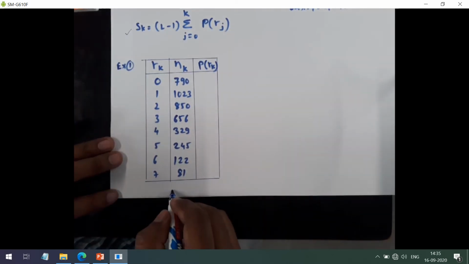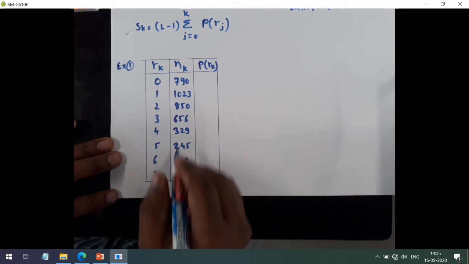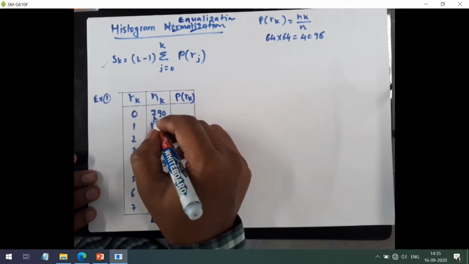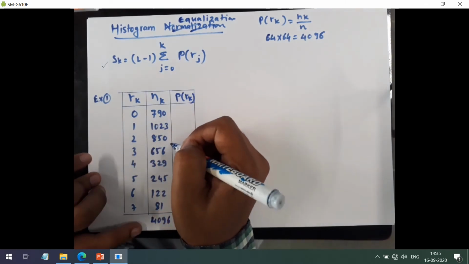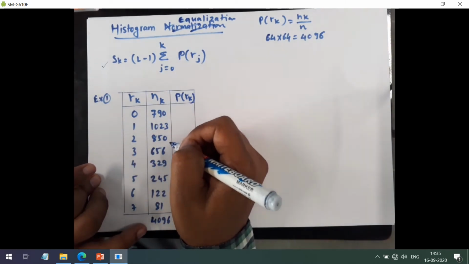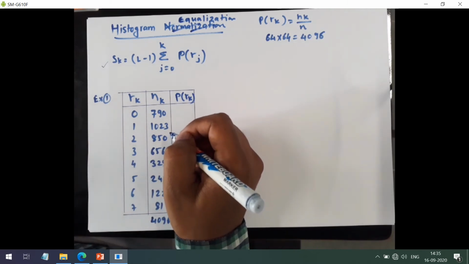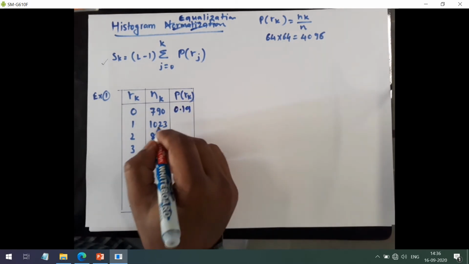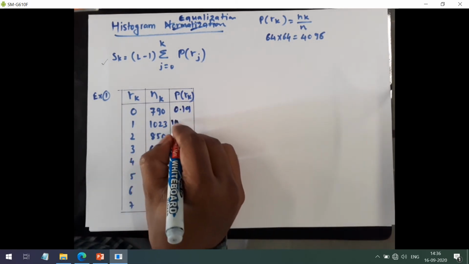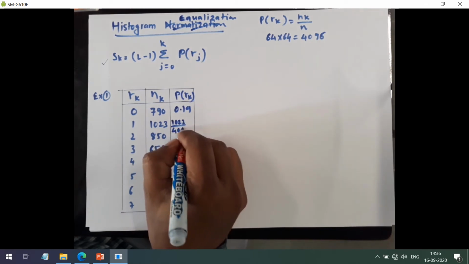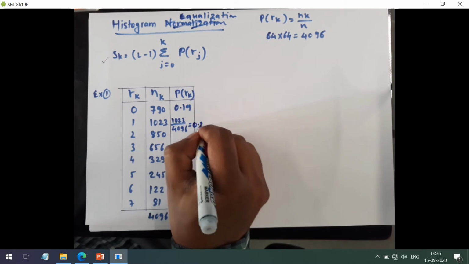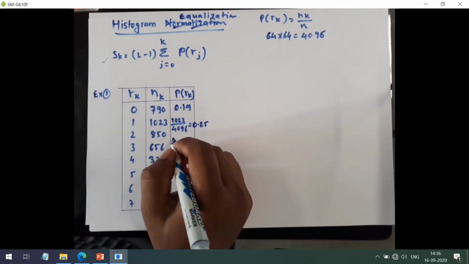The summation of these numbers should come to 4096. So we divide 790 by 4096, and it comes to 0.19. For the second, we divide 1023 by 4096, the value is 0.25. Similarly we do it for all the values.